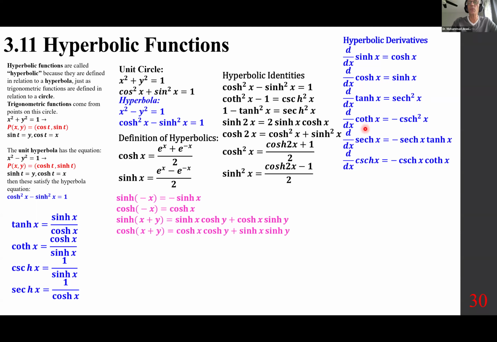The derivative of hyperbolic cotangent is negative hyperbolic cosecant squared. The derivative of hyperbolic secant is minus hyperbolic secant hyperbolic tangent. The derivative of hyperbolic cosecant is negative hyperbolic cosecant hyperbolic cotangent. Okay.